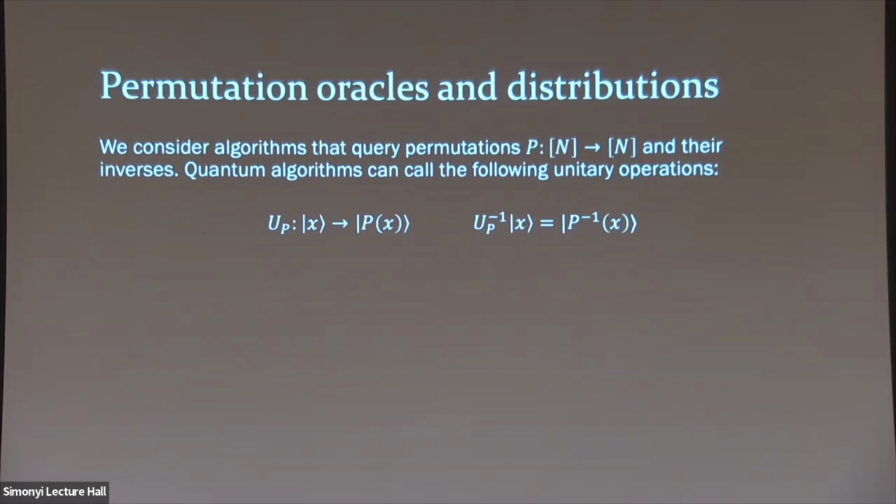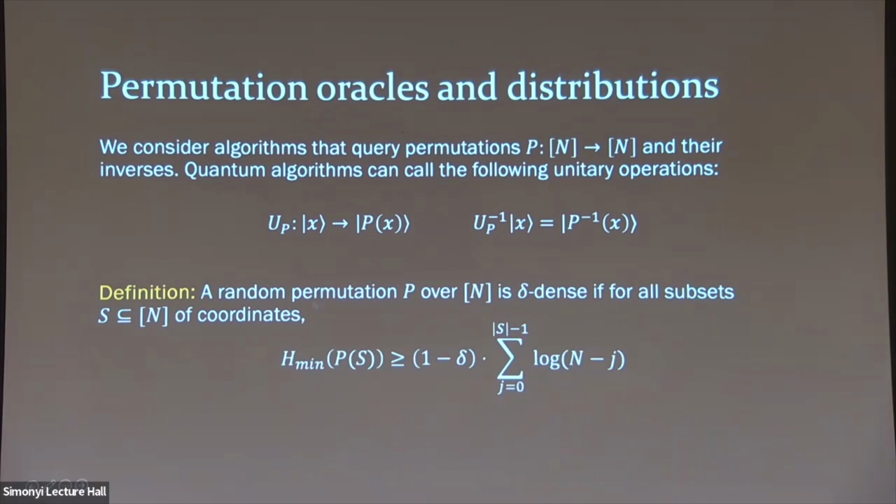Okay, so now with that in mind, I'll tell you what the actual pseudorandomness conjecture we use is, and we're just switching models a little bit. We're going to talk about random permutations rather than random bit strings. So we consider algorithms that can query permutations and their inverses. But we can define the same notion of denseness for a random permutation.